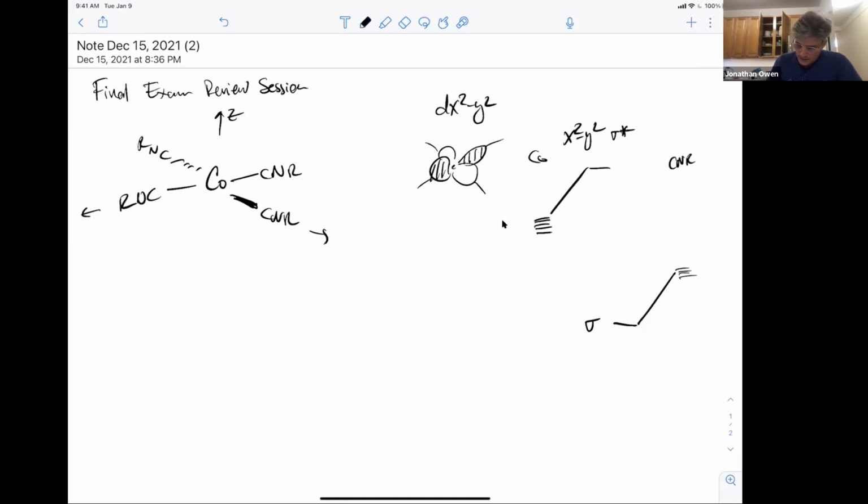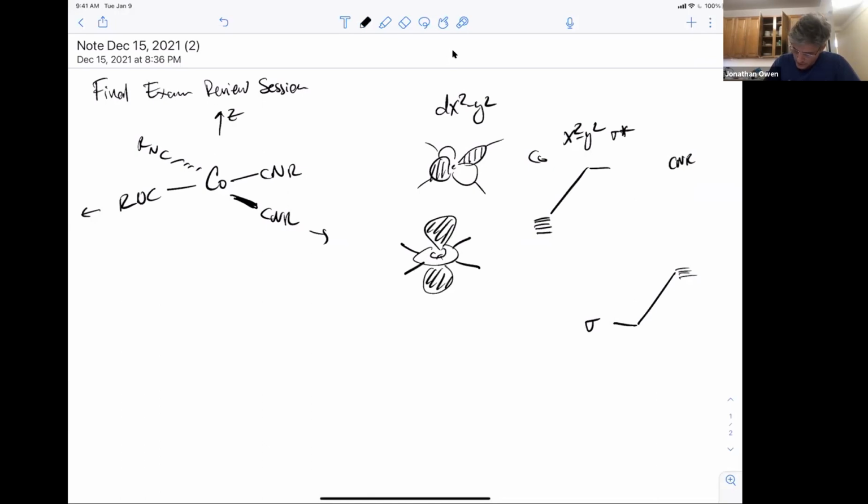Now, let's look at the rest of the orbitals. Are there any other sigma bonds? Yeah, with z squared. Z squared also has one, right? That's because the isocyanides come off of the donut.